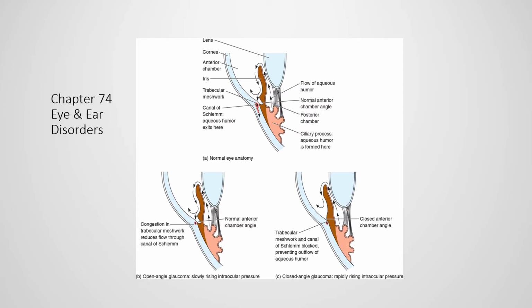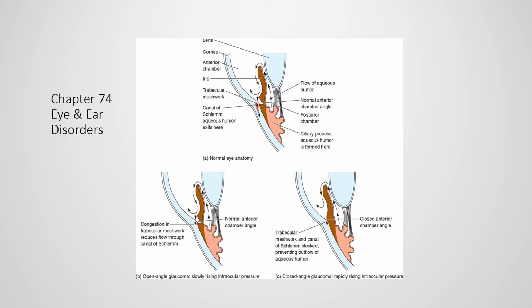Closed angle glaucoma, very different. This is an emergency when it happens. If you look at this, it's just the way the person's eye is made. The cornea, when it comes into the corner there, comes in at a more narrow angle. So when the pupil dilates, it gets bunched up in that corner and closes the flow, shuts off the flow potentially in a narrow angle glaucoma.